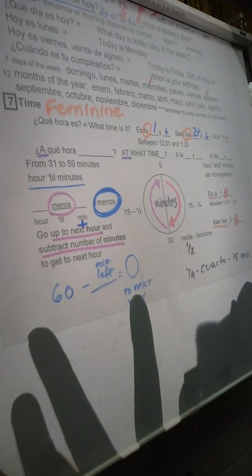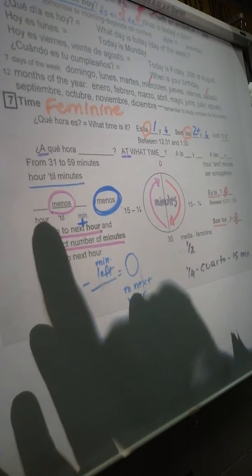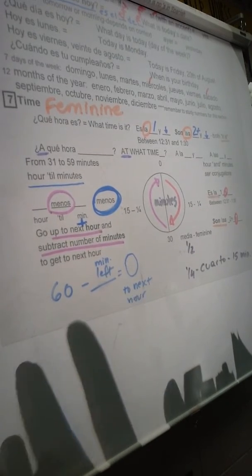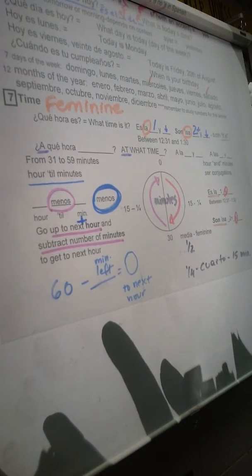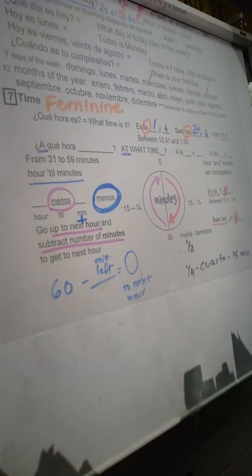So just like we do in English, 15 minutes till the next hour, same thing, but we're going to do the hour minus however many minutes to get to that hour. So all you do is take 60 minutes in an hour, subtract however many minutes are left to get there, or figure out how many minutes you have left to go to the next hour. So you always have to make sure you go up an hour because you're subtracting from that next hour.